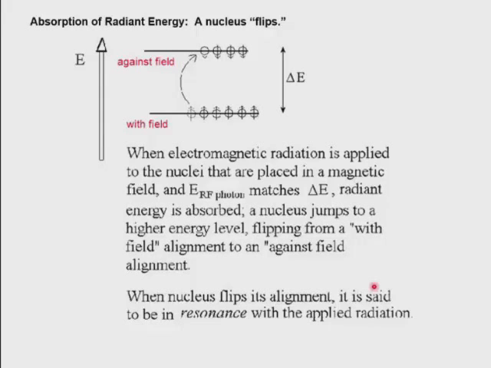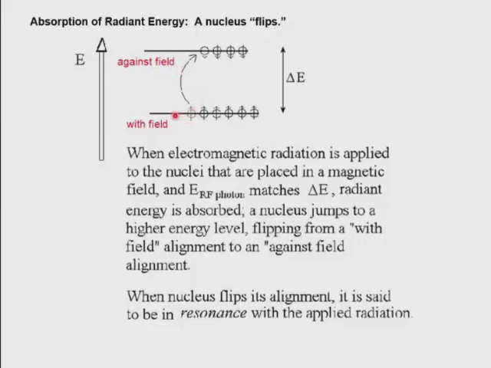When electromagnetic radiation is applied to the nuclei that are placed in a magnetic field, and the energy of the RF photon matches delta E, radiant energy is absorbed. The nucleus in the with-field alignment jumps to the higher energy level, namely the level corresponding to the against-field alignment.